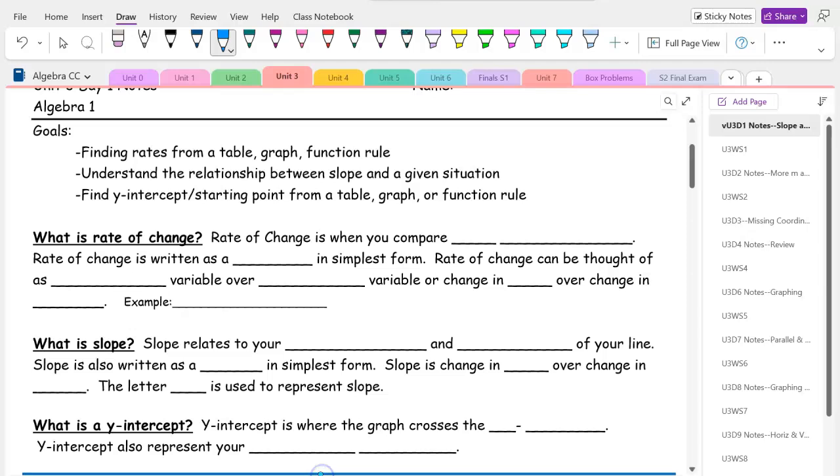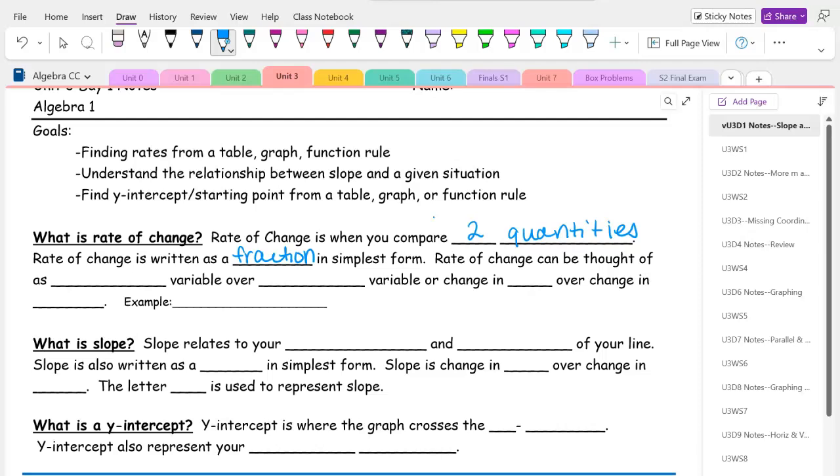When we say rate of change, or just rate, you are comparing two quantities. And generally, we write rate of change as a fraction in simplest form.